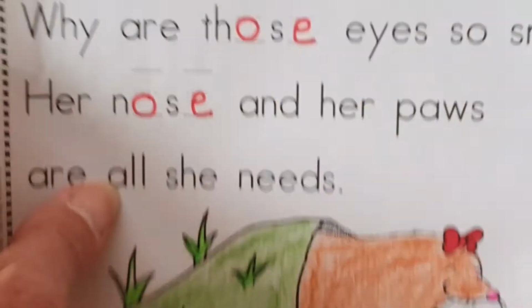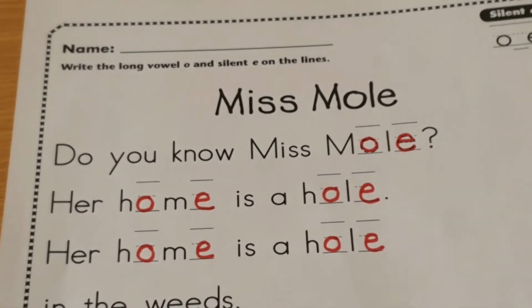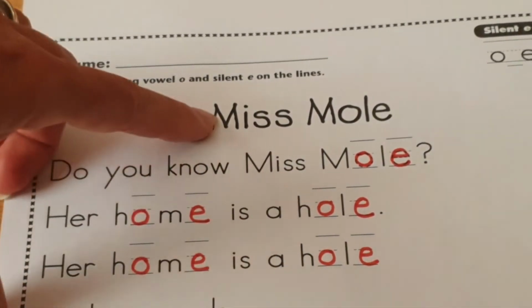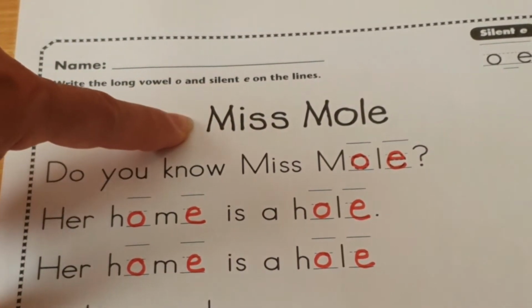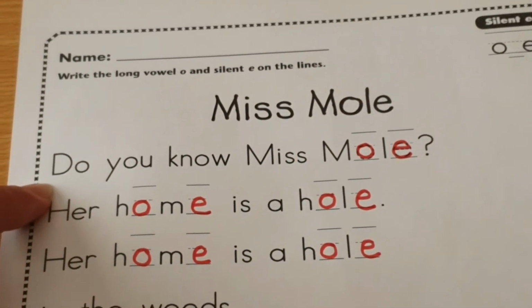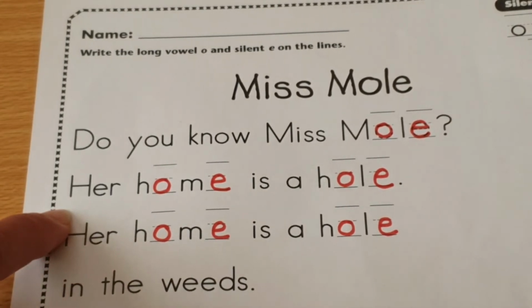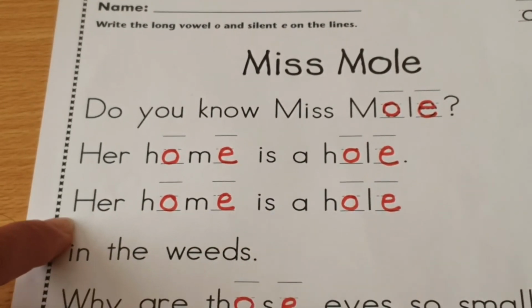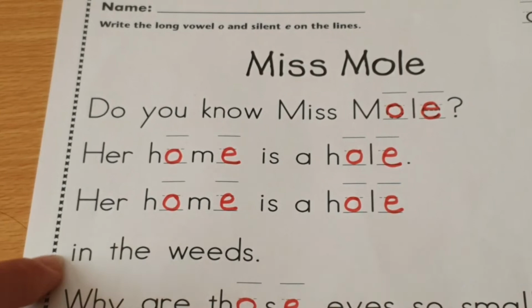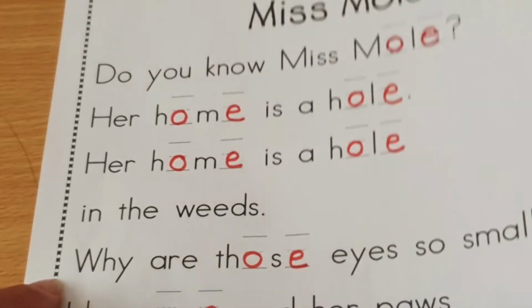So let's read it one more time. Yes, here we go. You read it with me slowly. Miss Mole. Do you know Miss Mole? Her home is a hole. Her home is a hole in the weeds.